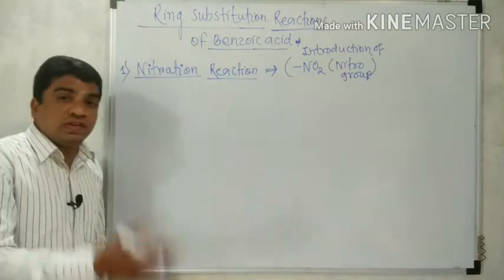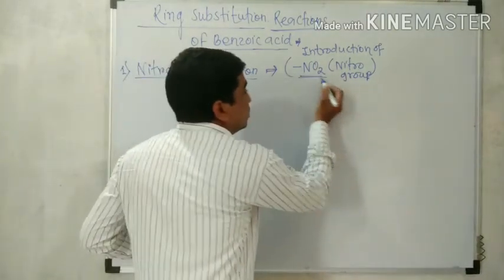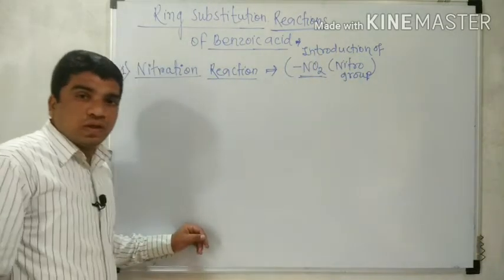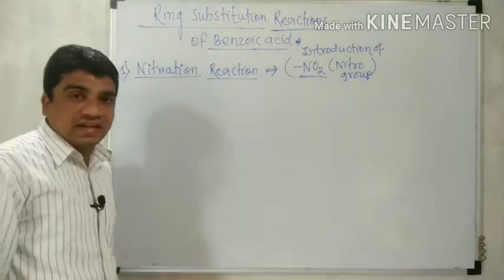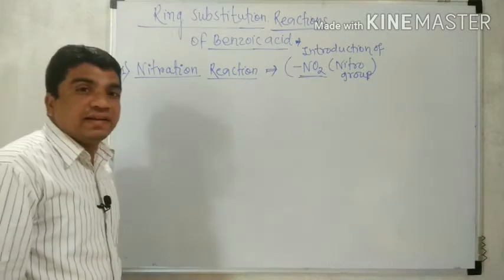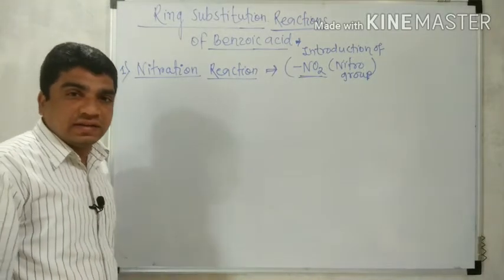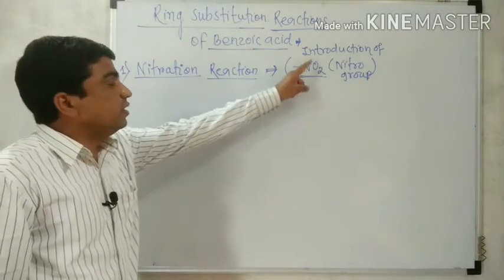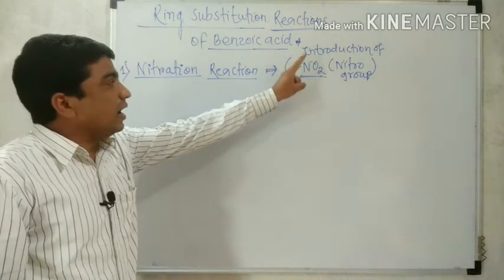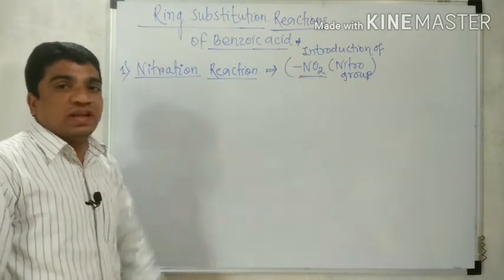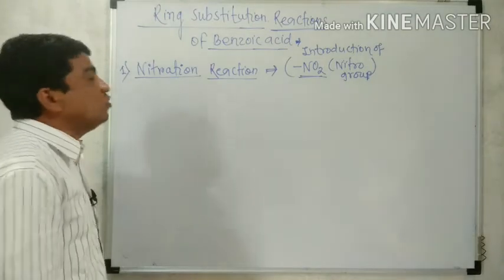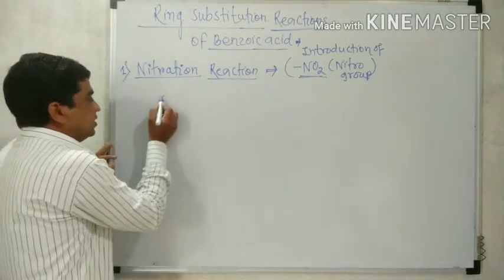Which group is introduced in the reaction? NO2, that is nitro. So that reaction is nitration. When benzoic acid undergoes nitration, it means it undergoes introduction of a nitro group in its structure. So how does benzoic acid undergo the nitration reaction?